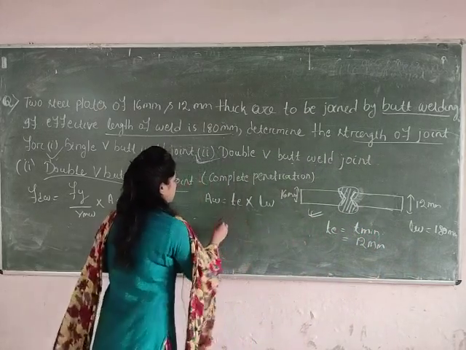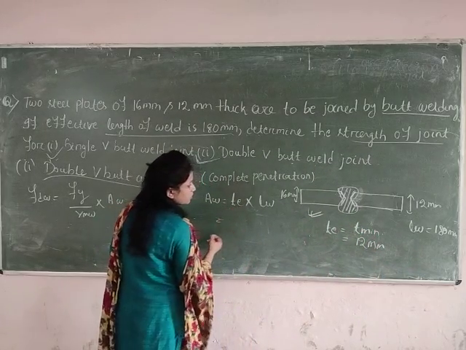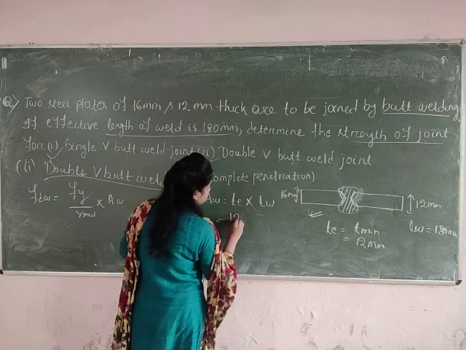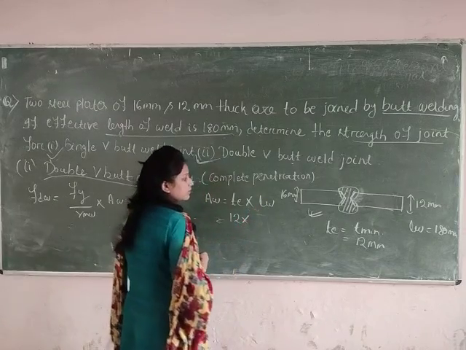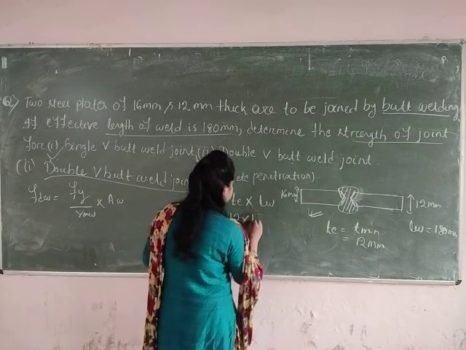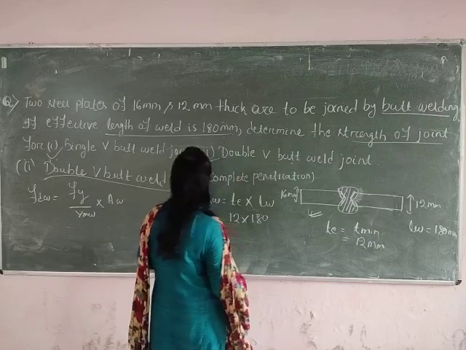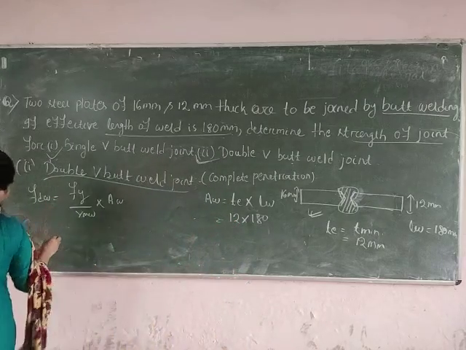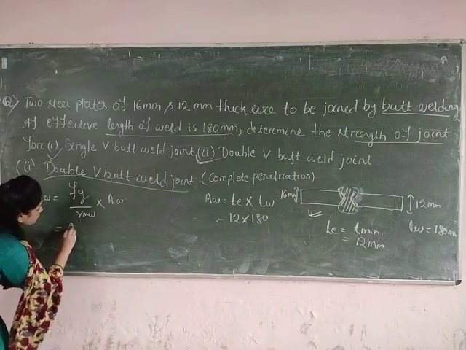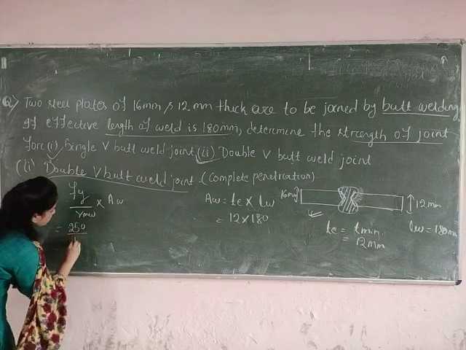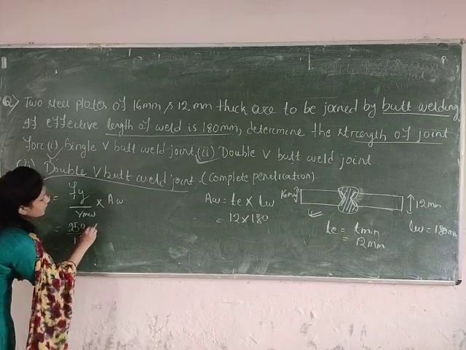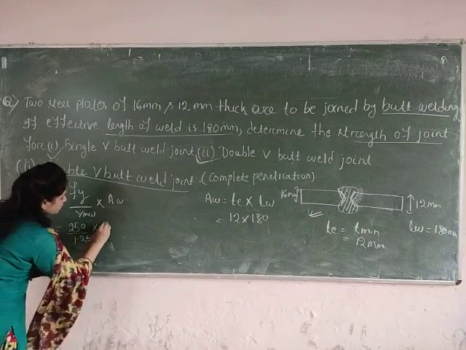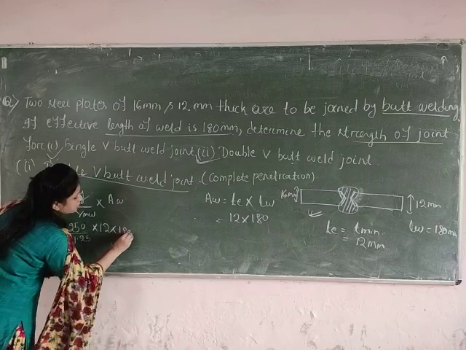Put the values here: 12 into length of weld, given in the question as 180 mm. So Fy is 250, gamma MW is 1.25, into area of weld, that is 12 into 180.